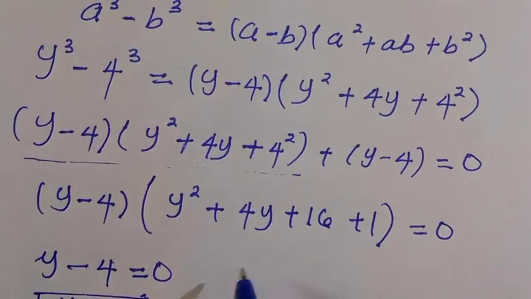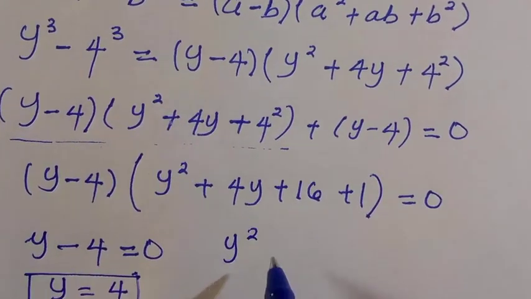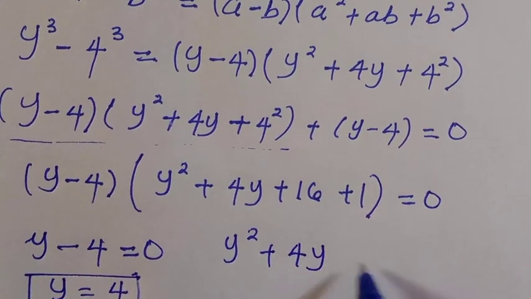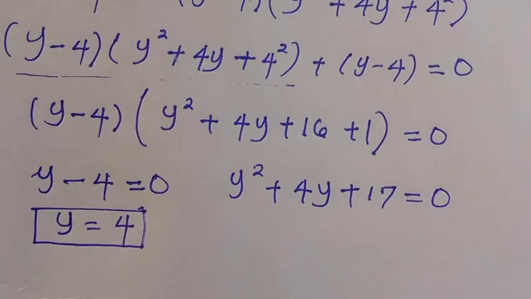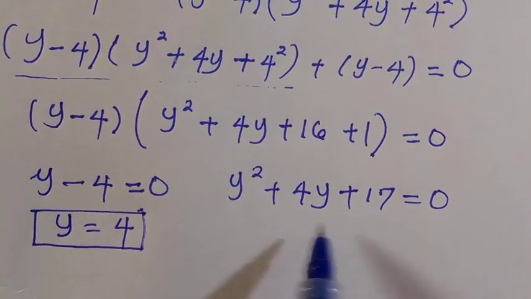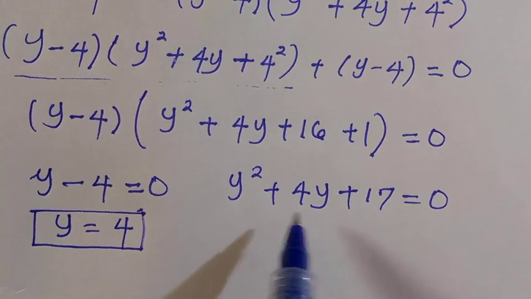So with this, y squared plus 4y plus 17 equals 0. We know that to obtain the value of y here, we consider the discriminant.